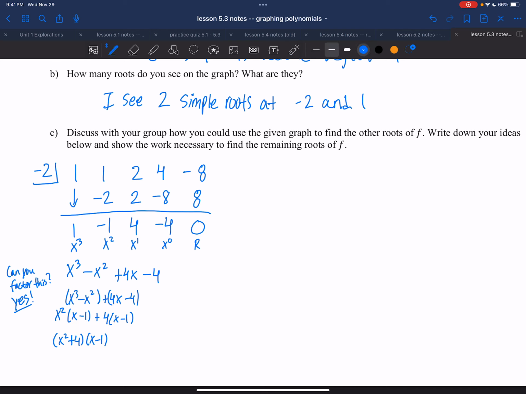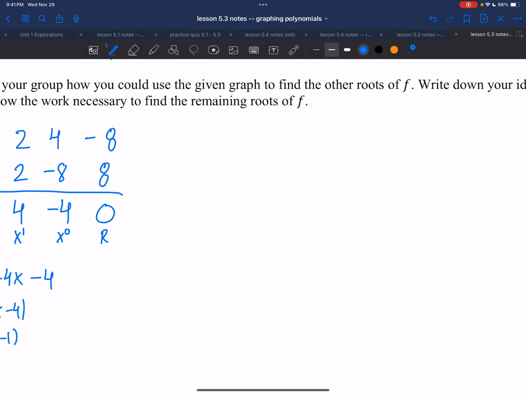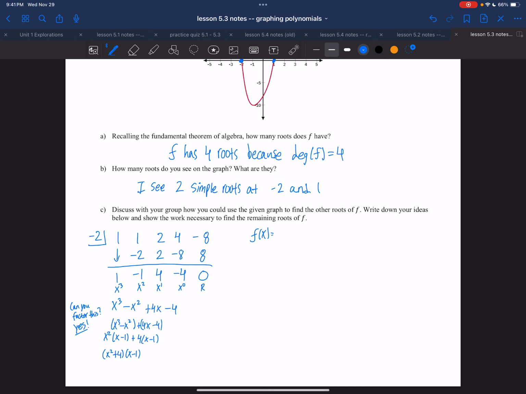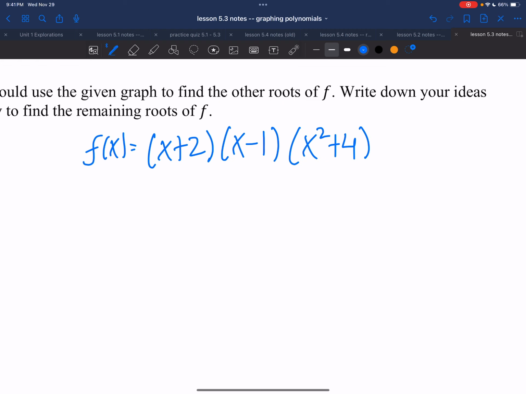And so now f of x is fully factored: x plus 2, x minus 1, and x squared plus 4. Now, those first two roots we already knew. We already knew negative 2 and 1. But what's new is x squared plus 4.